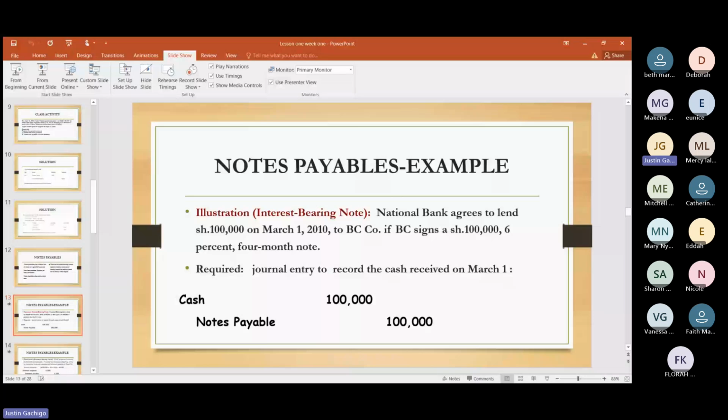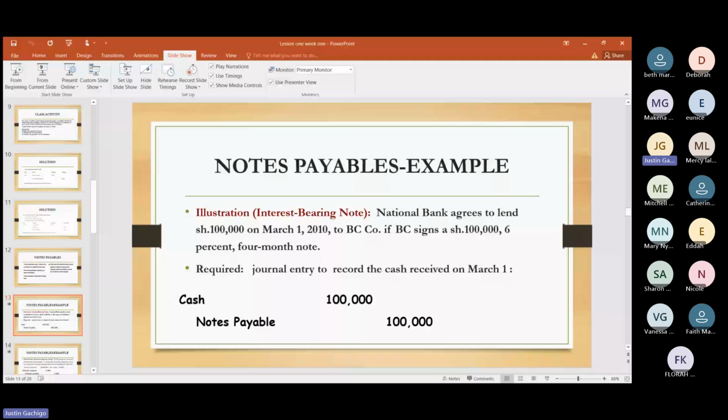Now, in this case, when they receive the money, I want us to always remember this concept. When you are thinking about a journal entry, classify whether this is an asset or a liability. That is the first starting point. If it's an asset, you debit because the asset has increased. If it's a liability, you credit. That concept should always be the guiding principle in accounting. Actually, it's the double entry rule.